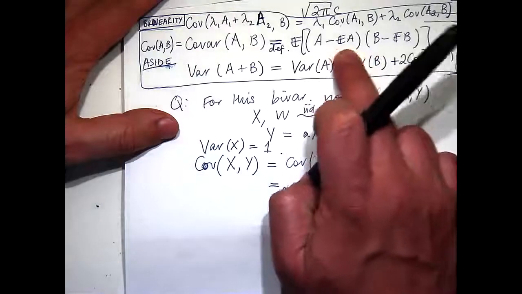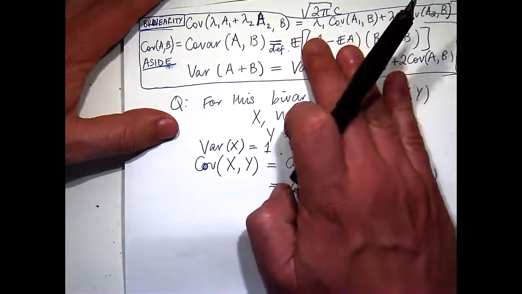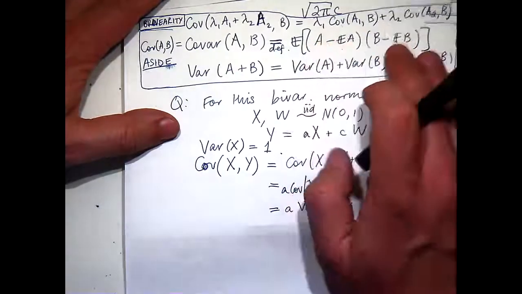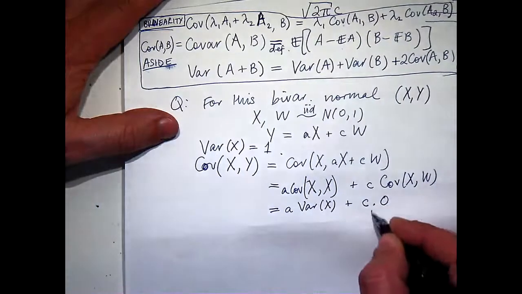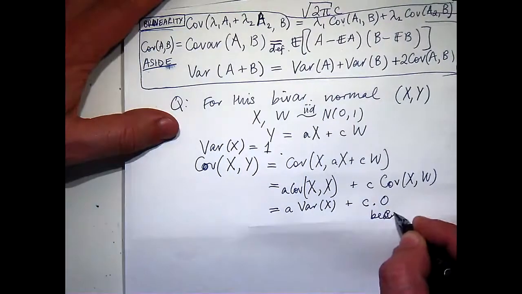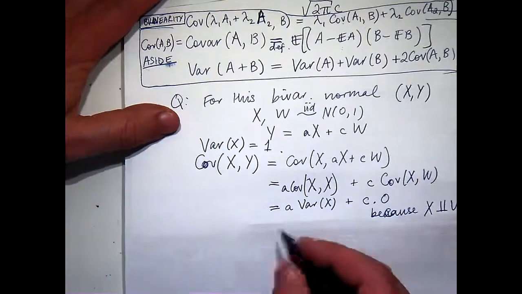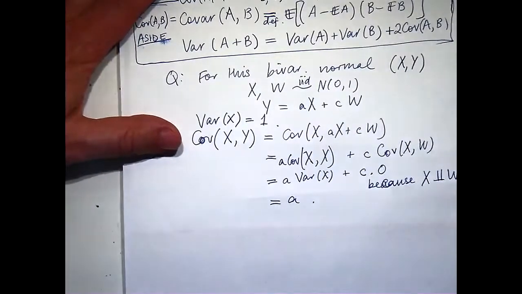So the centered version of A and the centered version of B are independent, and therefore the covariance is the product 0 times 0. The right one is 0 because X is independent of W. So that's just A times 1 plus C times 0, so it's A. Very simple formula for the covariance.